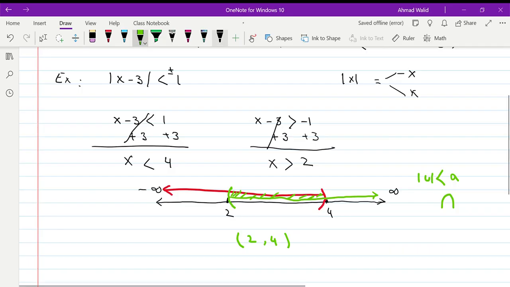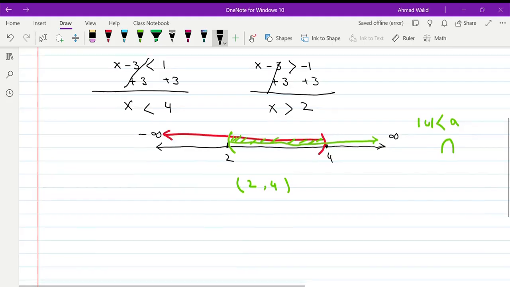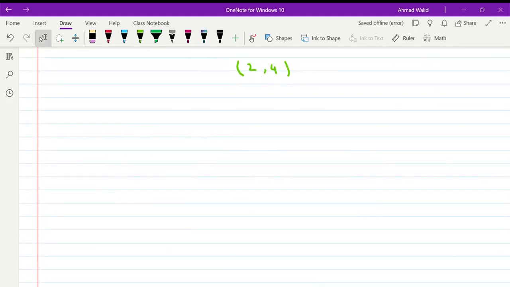How to deal with it the easiest way? Method 2 is actually easier, with less confusion. Look, we have the absolute value of x minus 3 less than 1. In method 2, you remove the absolute value around x minus 3. Copy the sign of the absolute value on both sides like this.